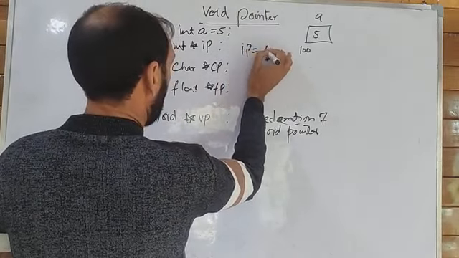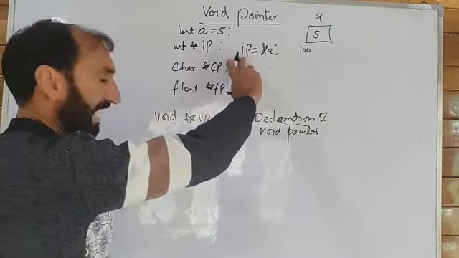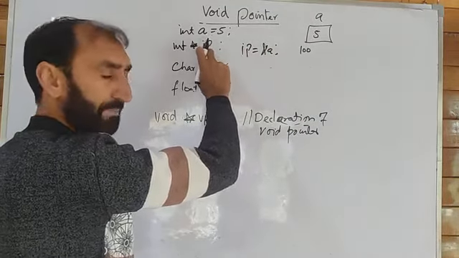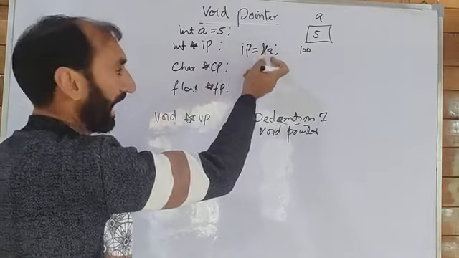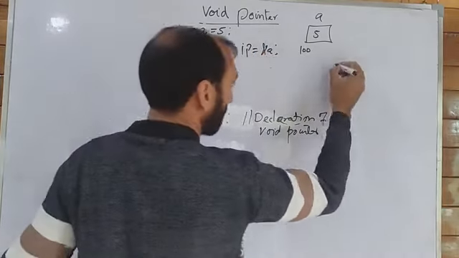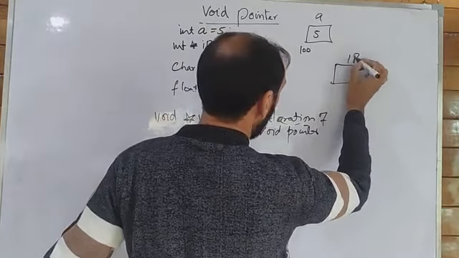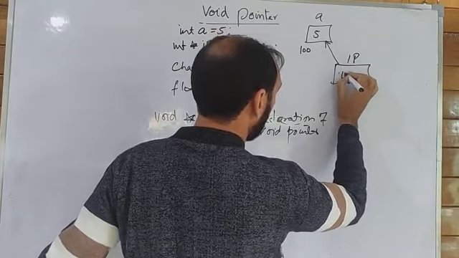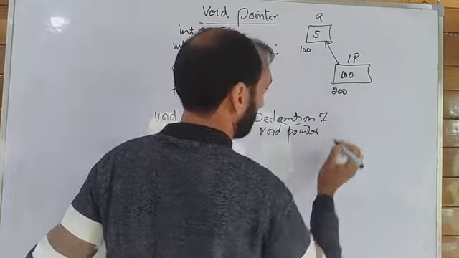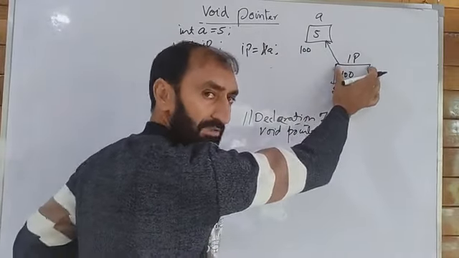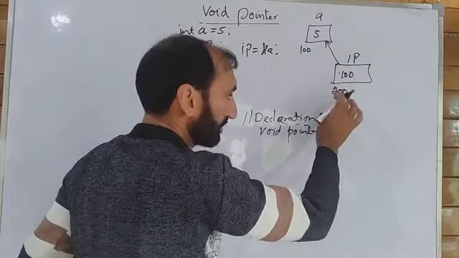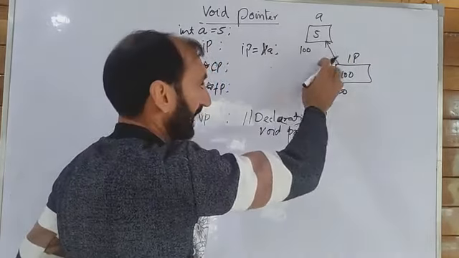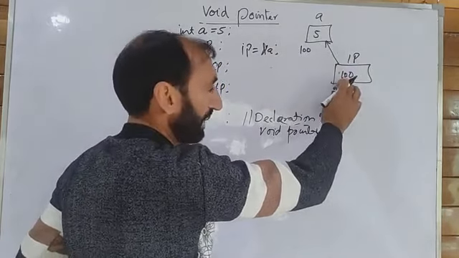Here I am going to initialize IP, the name of the pointer that is going to store the address of a. What is the address of a? IP stores the address of a, that means 100. For example, the address of this pointer variable is 200, and it stores the address of a, which is 100.